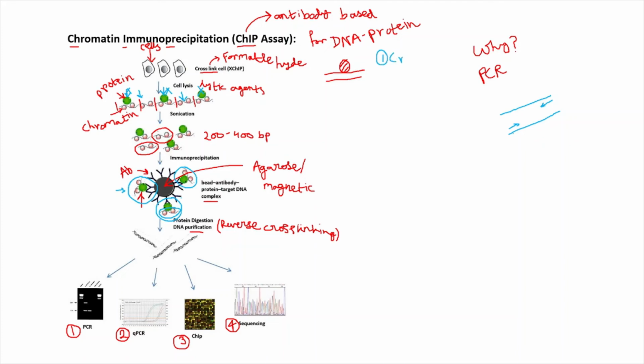You perform cross-linking by means of formaldehyde, and the second step is performing chromatin fragmentation by means of sonication.